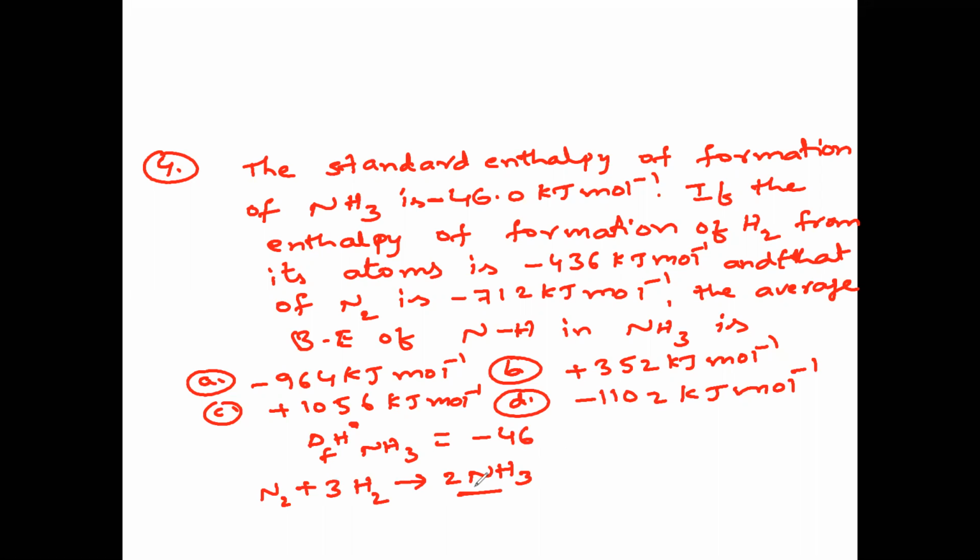Bond breaking is endothermic and bond formation is exothermic. Assuming S is the bond energy of the NH bond, we can write it directly. The heat of formation of the reaction is equal to the sigma of bond enthalpy of reactants minus the sigma of bond enthalpy of products.